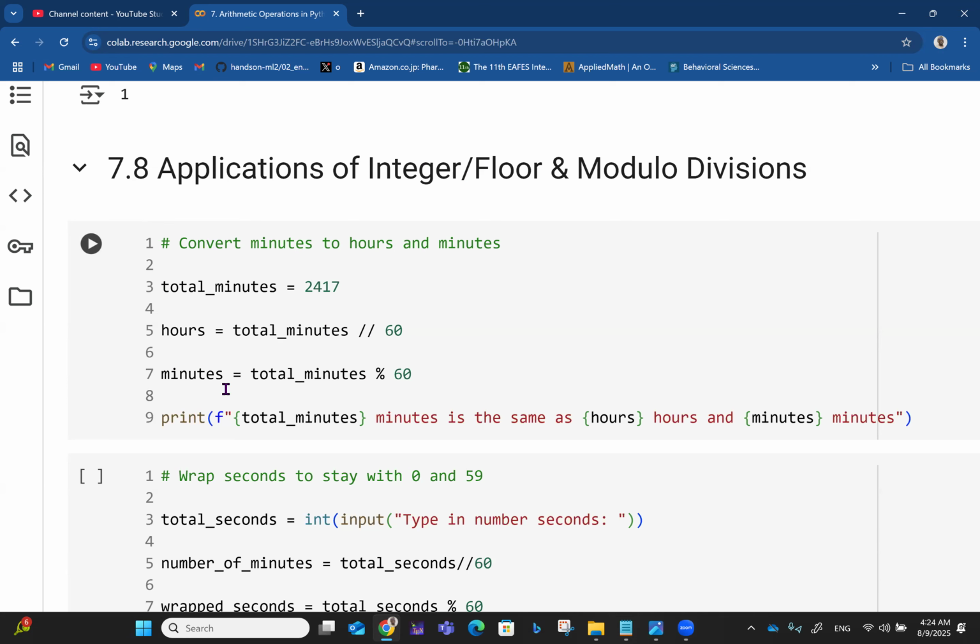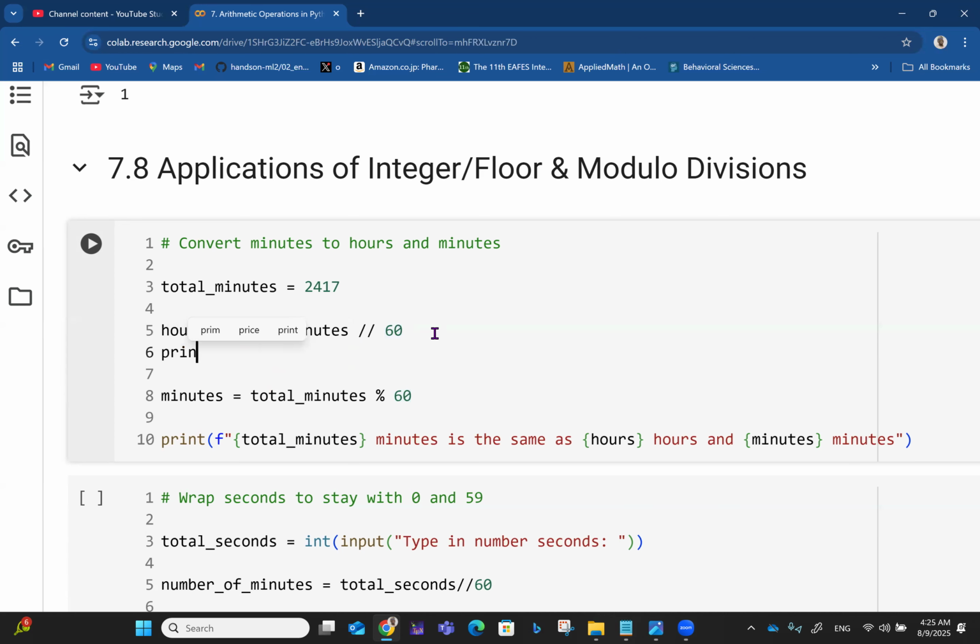Then for the remaining minutes, you now do modulo division here. So you do 60 goes in 2417. Take away the whole, whatever remains is what we now need. With this, we can even print each one. So let's say print hours, separately.